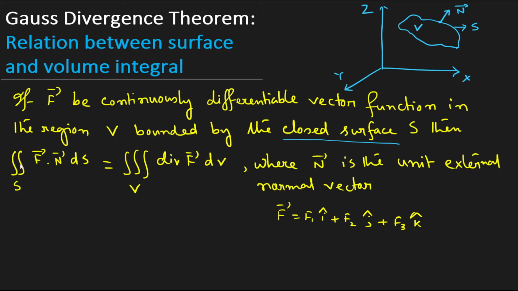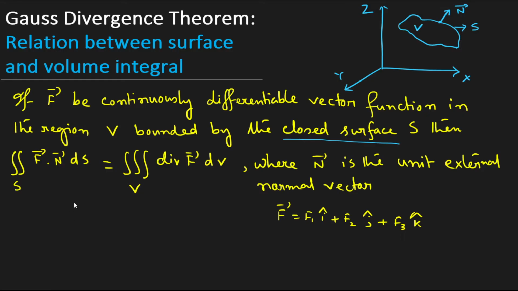So what is the formula? Double integration over S of F bar dot N bar dS is equal to triple integration over V of divergence of F bar dV. This is the relation between surface and volume integral, and this is called the Gauss Divergence Theorem.